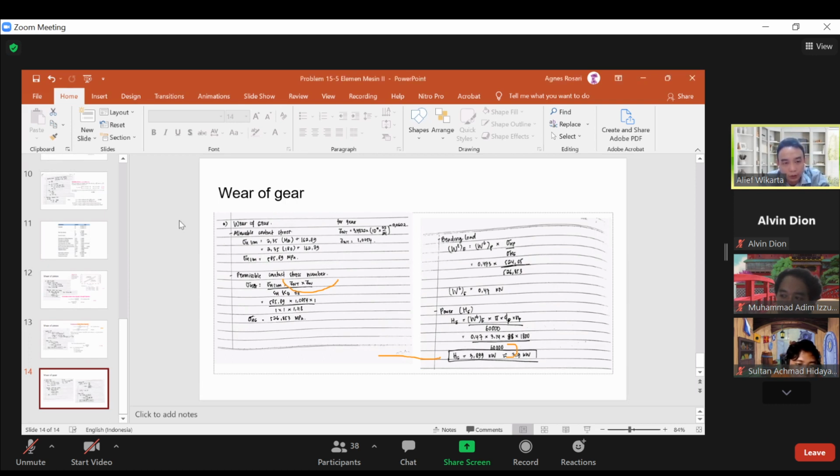Which one will we use, AGMA bending or AGMA surface?